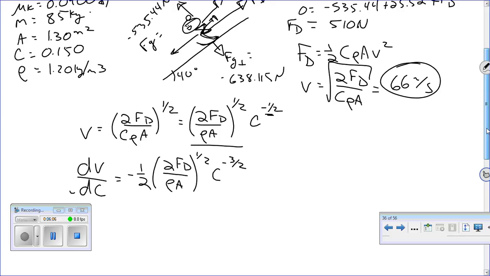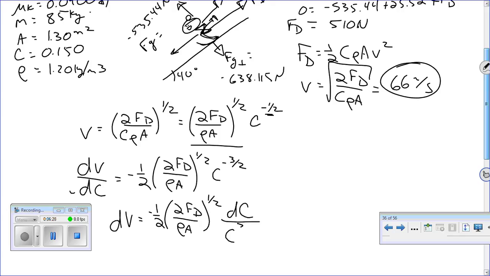And so that means that a change in velocity is equal to, you just multiply both sides by dC. So you get negative 1/2 times 2F_D over rho A to the 1/2, multiplied by dC, and then this C to the negative 3/2 can be written as over C to the positive 3/2, right? I guess you could leave it as negative.